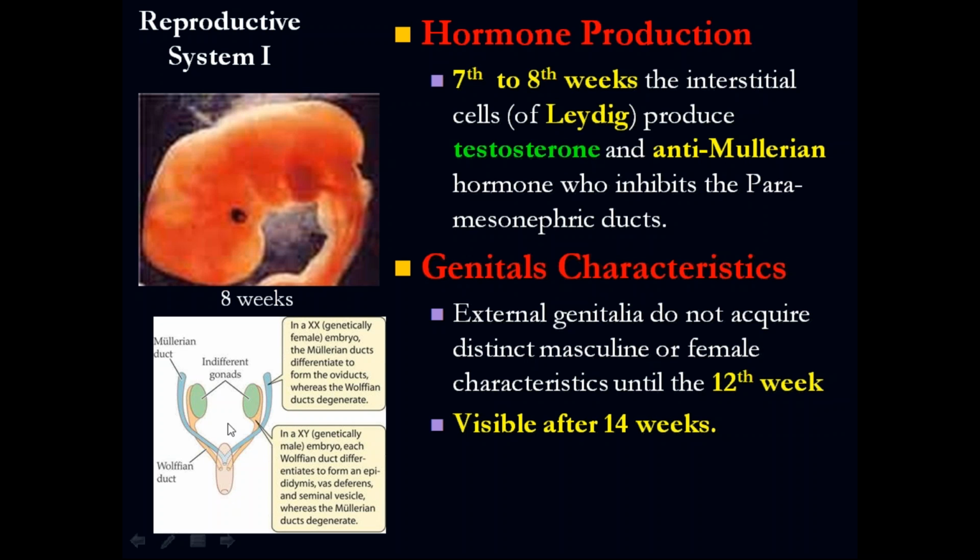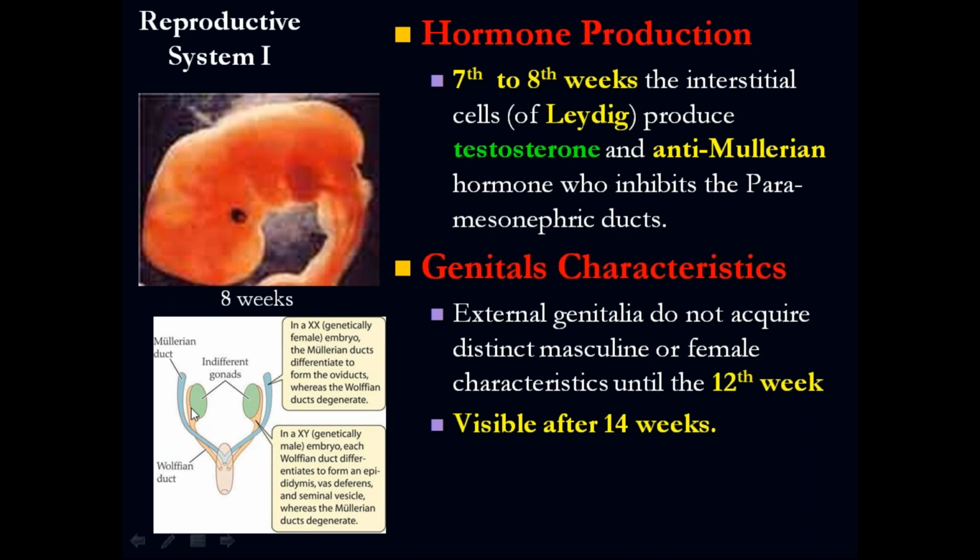So if you see here in this chart, we have the Mullerian duct and the Wolffian duct. The Mullerian duct is going to be for the female reproductive system, and the Wolffian duct is going to be for male.